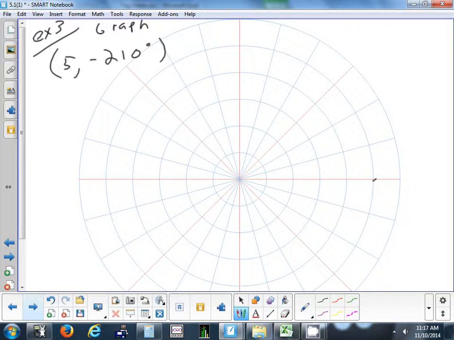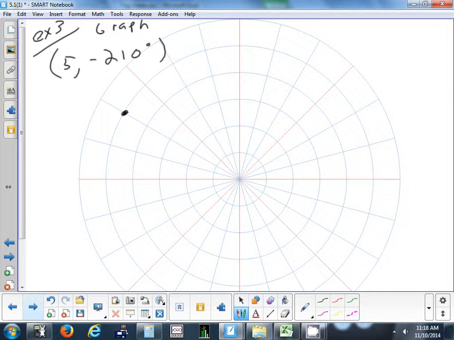Negative 180. Yep. And if we go that direction, that takes care of the negative. And then we got to go 30 more. Okay, so halfway around is negative 180. And then go 30 beyond that to get to negative 210. Okay, so that first mark I just put there to mark my spot. That's the answer. Any question on that one?